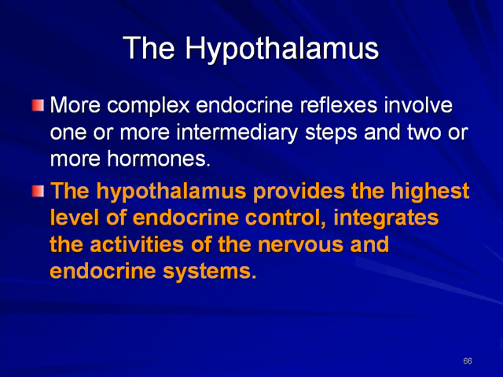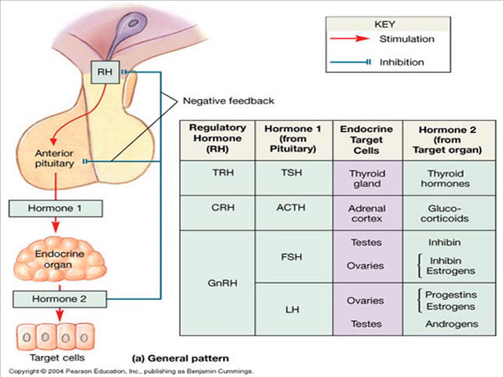The hypothalamus provides the highest level of endocrine control. It integrates the activity of both the nervous system and the endocrine system. And again, more complex endocrine reflexes involve one or more different types of hormones, and may involve a number of intermediary steps as well, but certainly are much more complicated than what we see with a simple endocrine reflex.